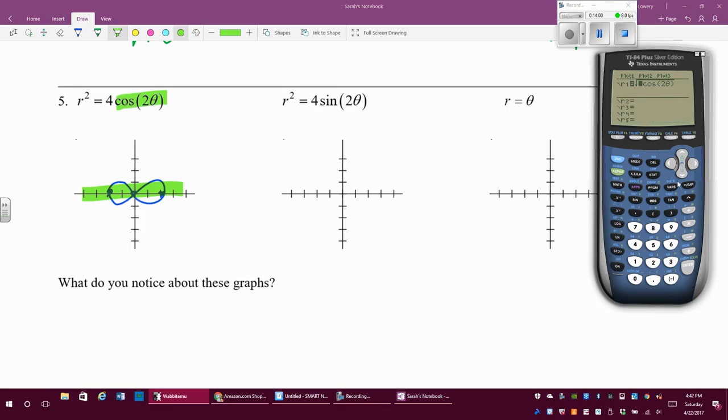If I take a square root of 4 and change this to sine of 2 theta, it handles this one just a little bit better. This guy is kind of a sideways infinity. That's a terrible drawing. Okay, it's like a sideways infinity symbol. Okay, and these two graphs are called lemniscates.